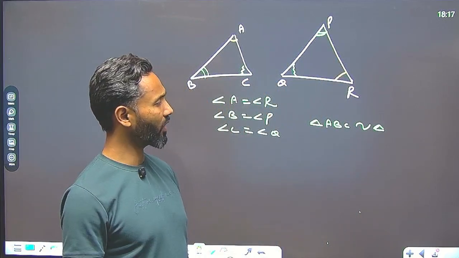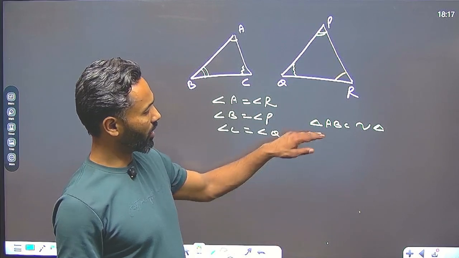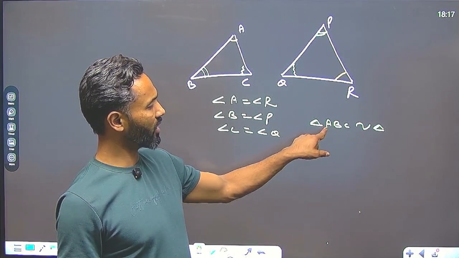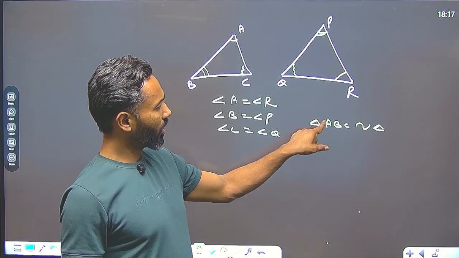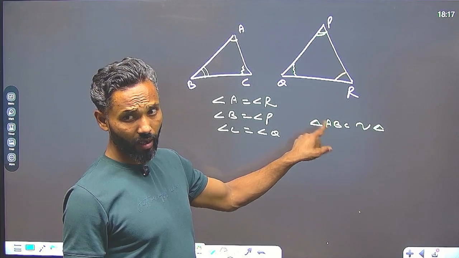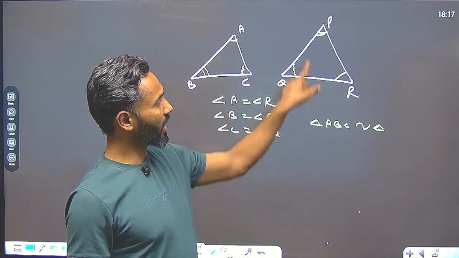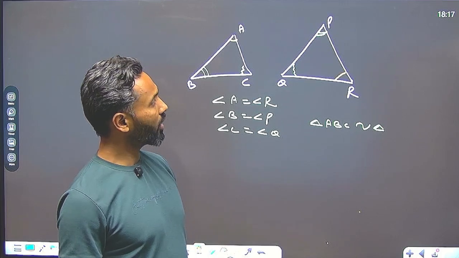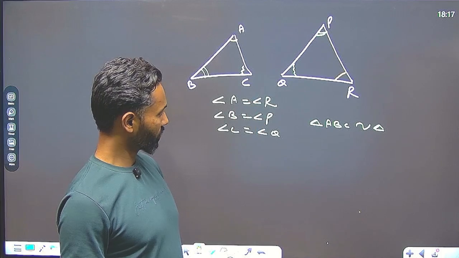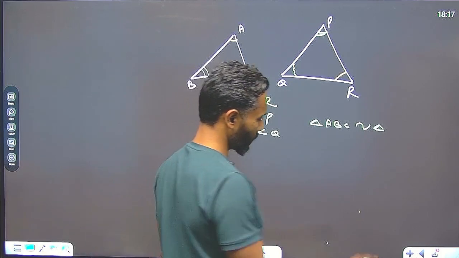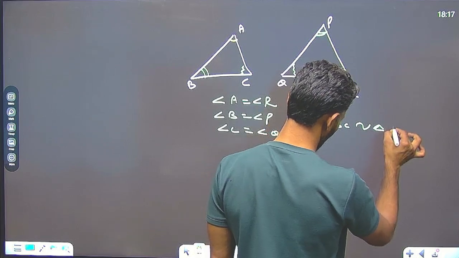How to identify the corresponding angles? When we write down triangle ABC, which angle is written first? Angle A. At the first place we have written angle A. We have to see which angle is equal to A in triangle PQR. We can see that angle R is equal to angle A. So at the first place we have to mark angle R.